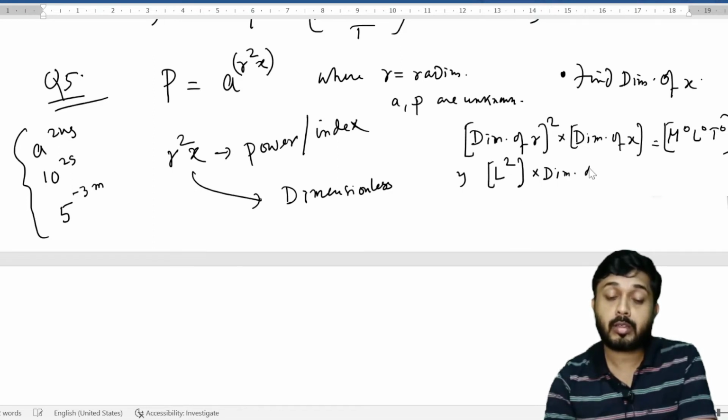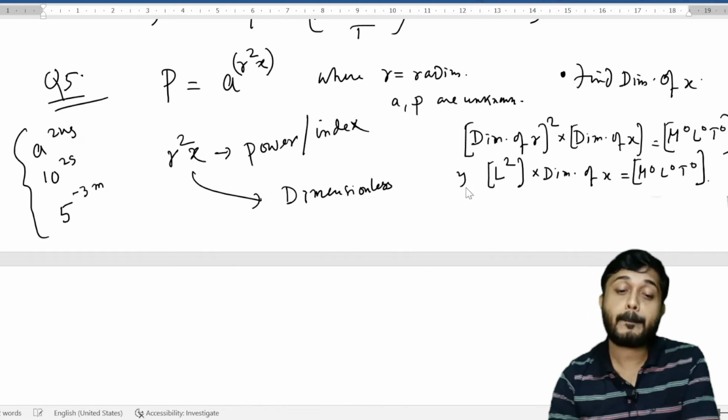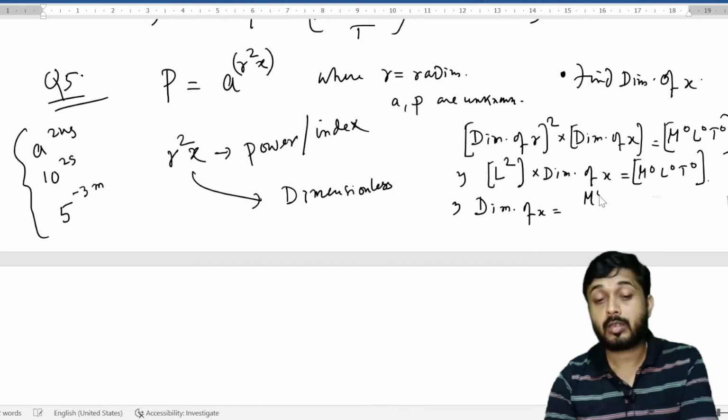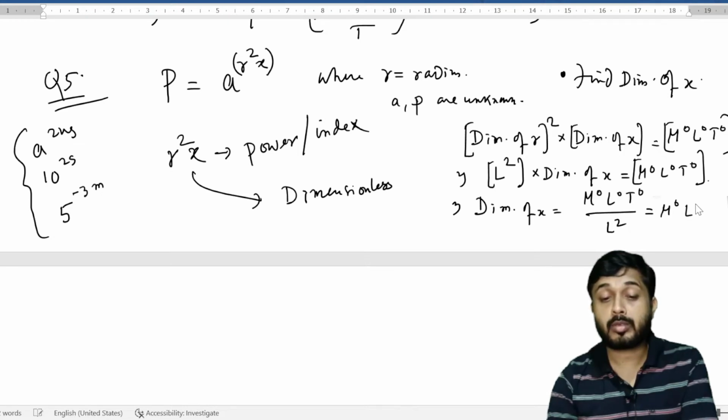multiplied by dimensions of x equal to m to the power 0, L to the power 0 and t to the power 0. So from here we are getting dimensions of x as m to the power 0, L to the power 0, t to the power 0 divided by L square, or m to the power 0, L to the power minus 2 and t to the power 0. Is it clear?